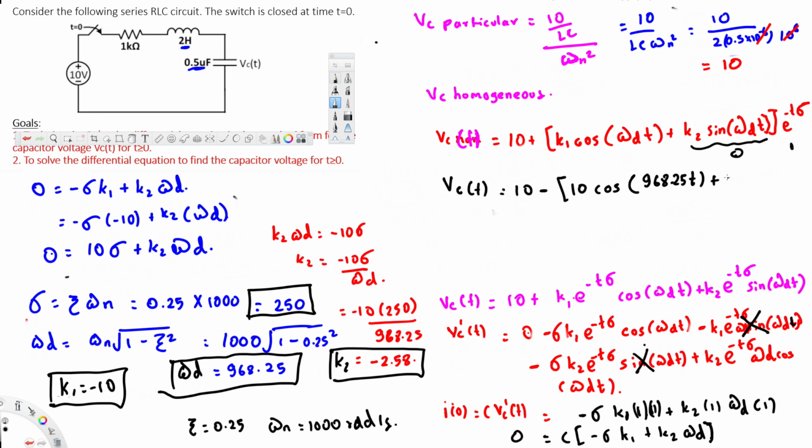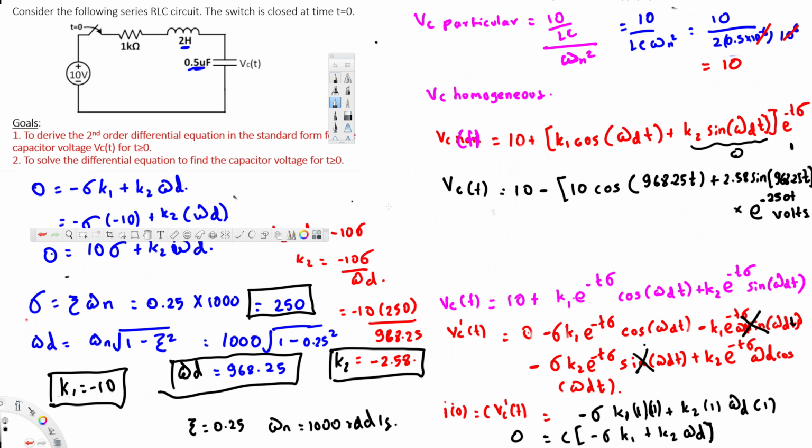So here we are going to have positive 2.58 sine omega d t. Again, omega d is 968.25 t, multiplied by e power negative t sigma, and we know the sigma value, that is 250. So this is going to be negative 250 t volts, and that's going to be the final solution for this question. That's the voltage across the capacitor when the time is greater than or equal to 0.